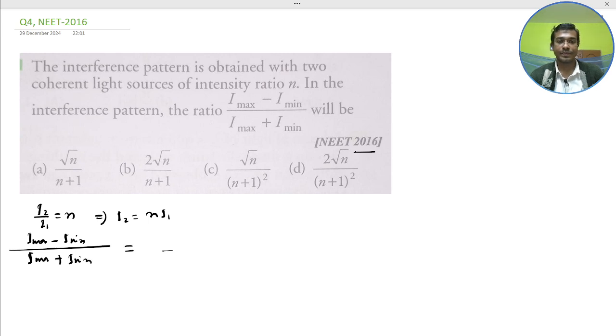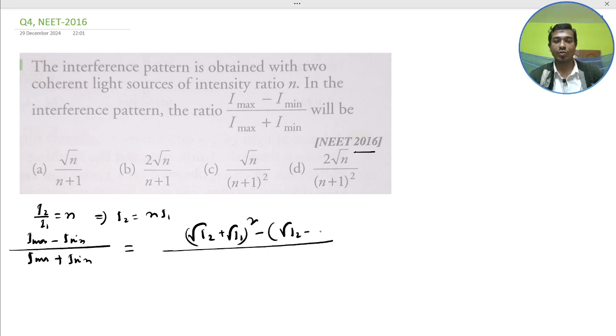So you have to find I max minus I min divided by I max plus I min. Just put this value: root I2 plus root I1 whole square minus root I2 minus root I1 whole square, divided by root I1 plus root I2 whole square plus root I2 minus root I1 whole square.